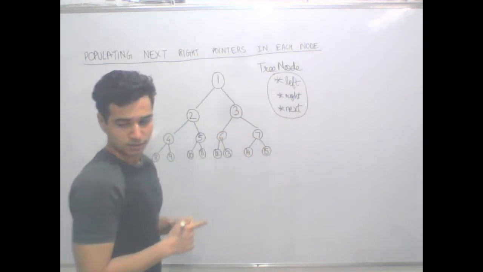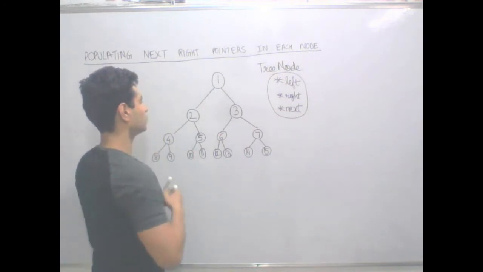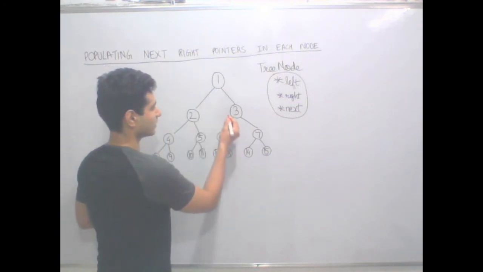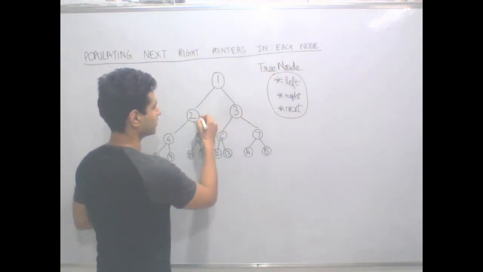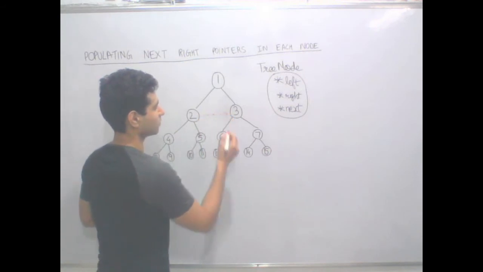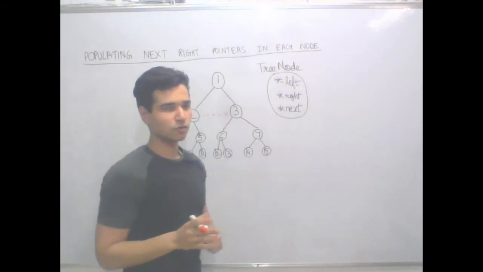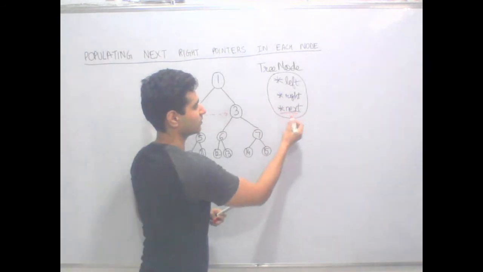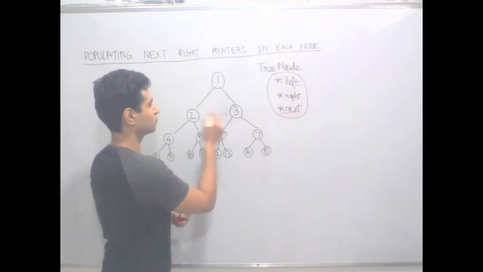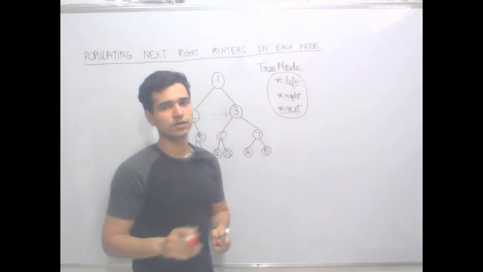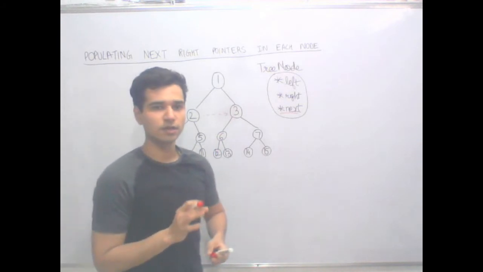For example, for node 2, its direct right next node is 3. So we have a pointer at each node called next, and we have to assign the next node to its rightmost node in level order traversal, right?